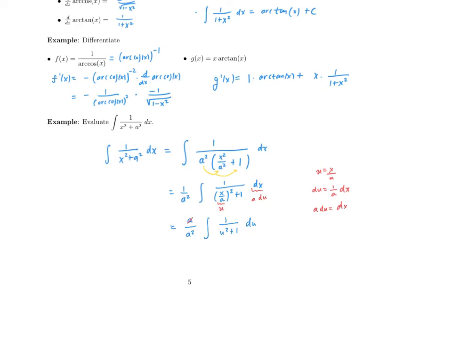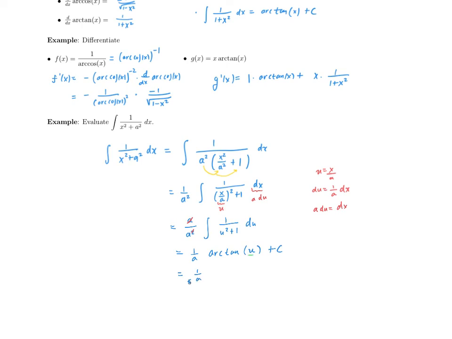So the a cancels an a off in the bottom, and we have a 1 over a out front. The antiderivative of 1 over u squared plus 1 is arctangent of u plus c. And now we have our formula of interest.